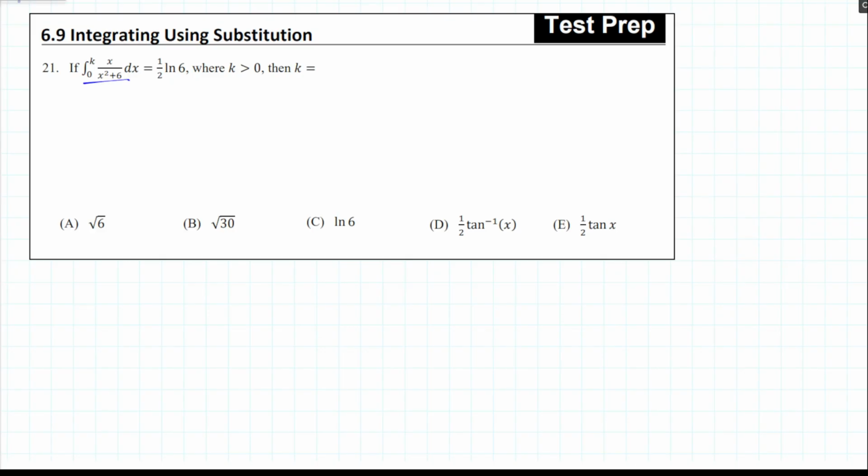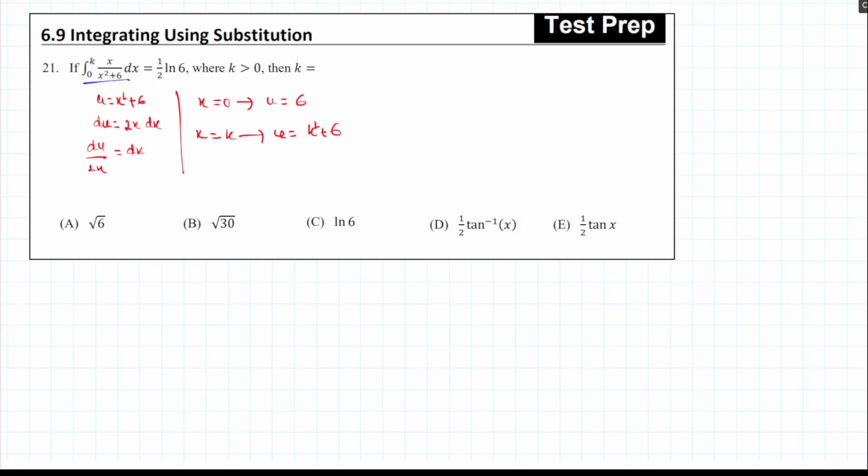So let's use u equal to x squared plus 6 here, and du equal to 2x dx. Then dx becomes du over 2x. And the limits: when x equals 0, u equals 0 squared plus 6, which is 6. And when x equals k, the upper limit, u equals k squared plus 6.